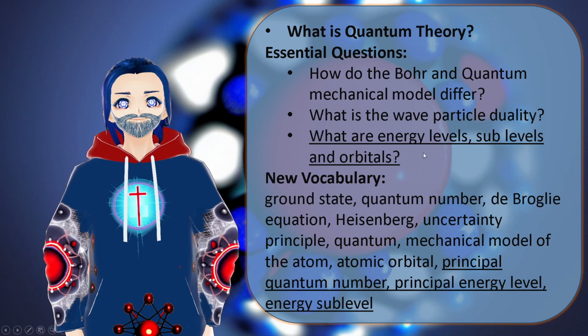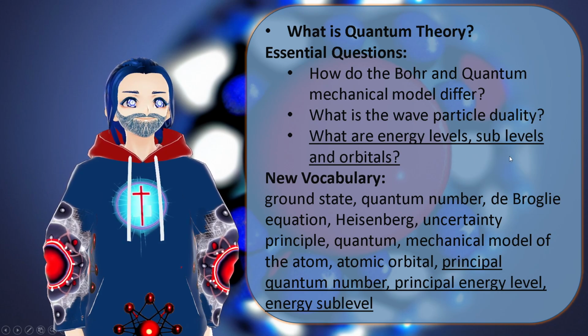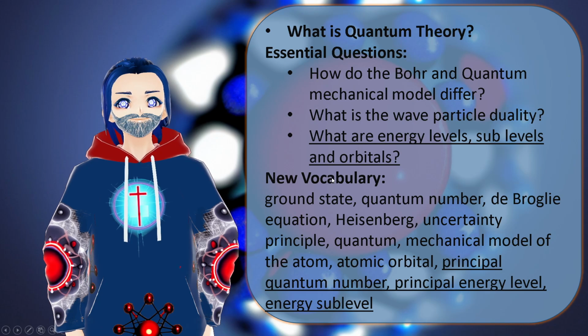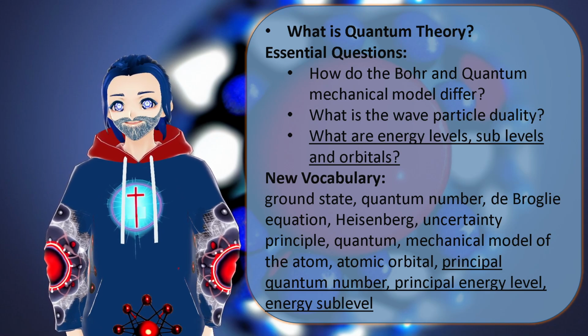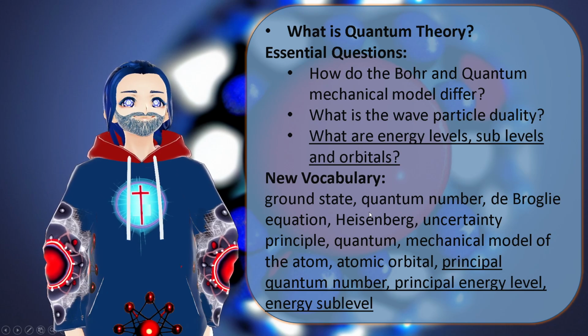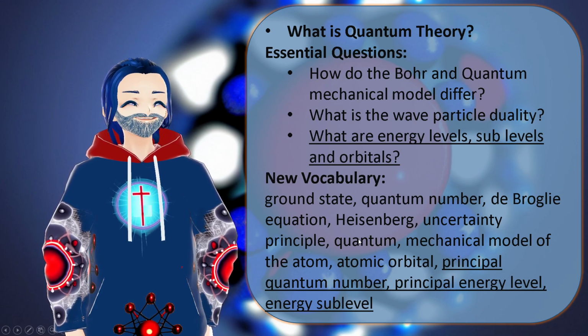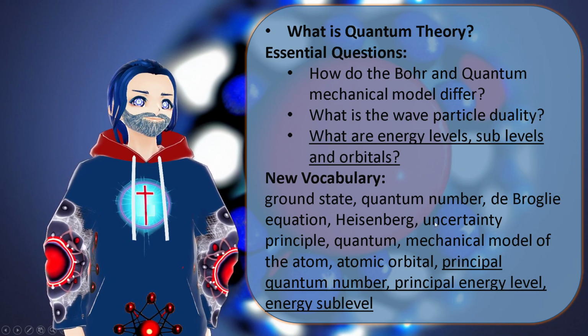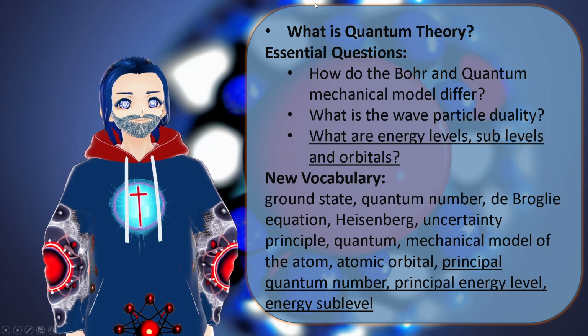So, what are energy levels, sublevels, and orbitals? Well, these are the patterns of electron motion around the nucleus of an atom. And they become more energetic the further out from the atom you go, and they have wave-like patterns of motion called orbitals.